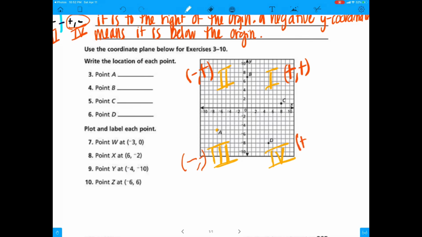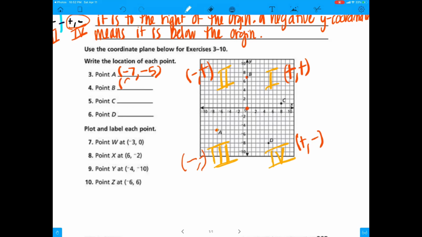All of the points A, B, C, and D are already located on this coordinate plane. So A, I went to the left 7, it's negative 7. And then I went down 5, so it's negative 5. That happens to be in quadrant 3. B, it's at origin.